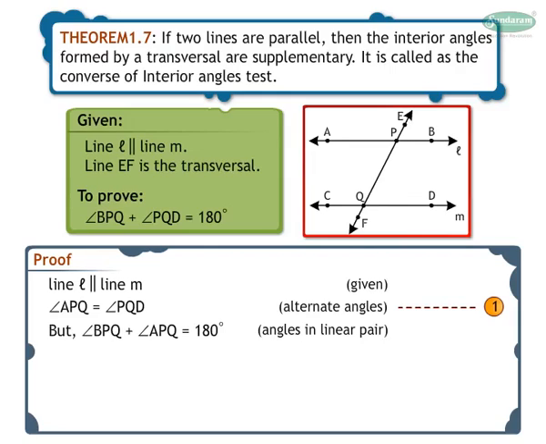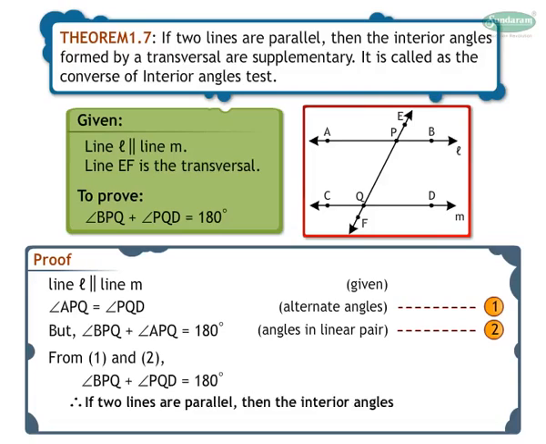Let us consider this as statement 2. But angle APQ is congruent to angle PQD. Therefore, from statements 1 and 2, we get angle BPQ plus angle PQD is equal to 180 degrees. Therefore, if two lines are parallel, then the interior angles formed by a transversal are supplementary.